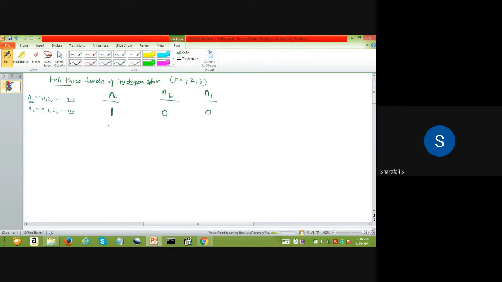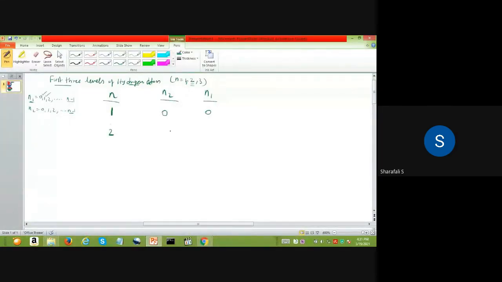And in the second case, for the second level of hydrogen atom, that is n equal to 2, n1 can have value 0 or 1, because it can go up to n minus 1. So n minus 1 will become 2 minus 1, which is 1. So it can take value 1 and 0 for both n1 and n2.